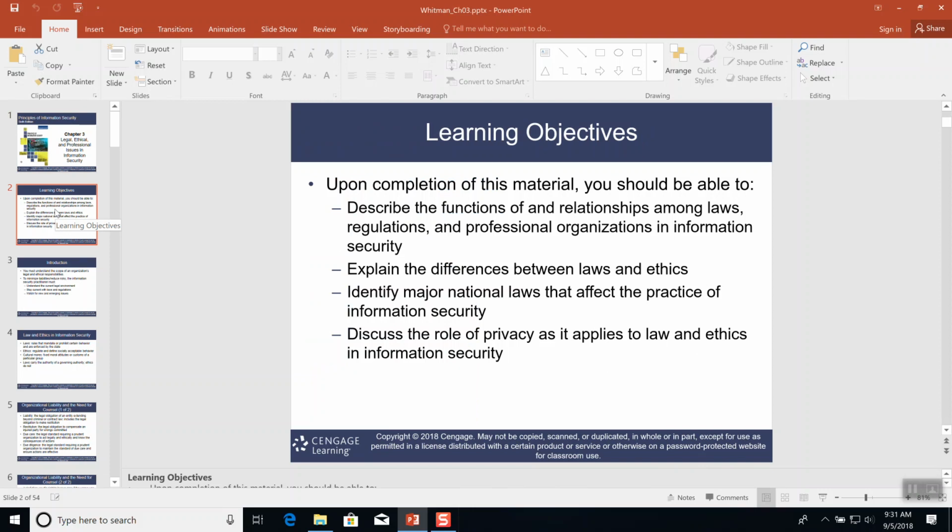Now, upon completion of this material, you should be able to describe the functions and relationships among laws, regulations, professional organizations, and information security. Explain the differences between laws and ethics. Identify major national laws that affect practices of information security. Discuss the role of privacy as it applies to law and ethics in information security.